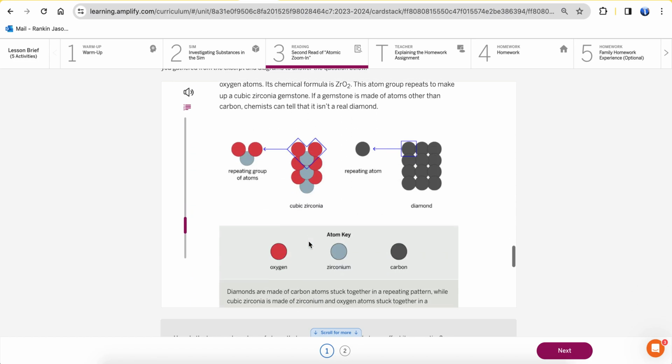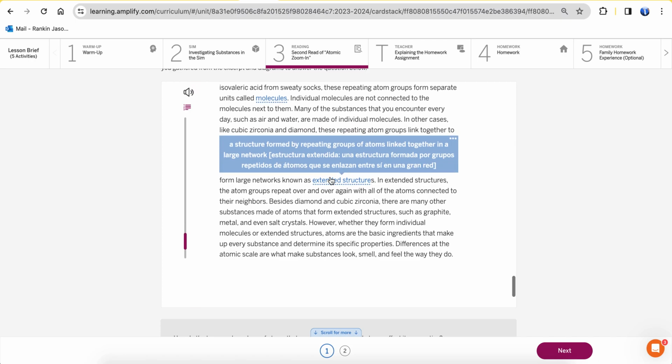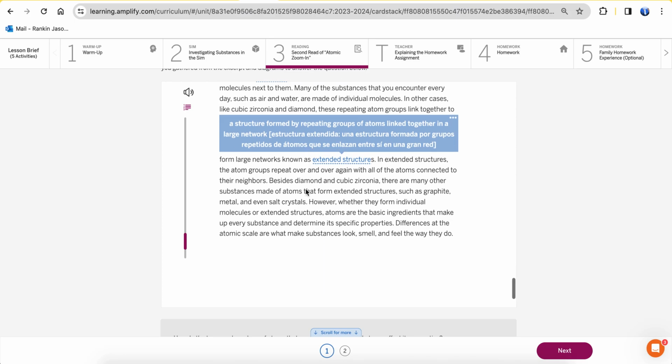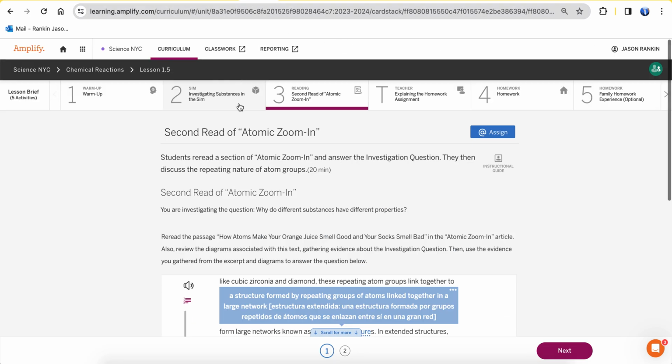The last paragraph has extended structures. So an extended structure is a structure formed by repeating groups of atoms linked together in a large network. In extended structures, the atom groups repeat over and over again with all the atoms connected to their neighbors. Right, that is going to be your extended structure.